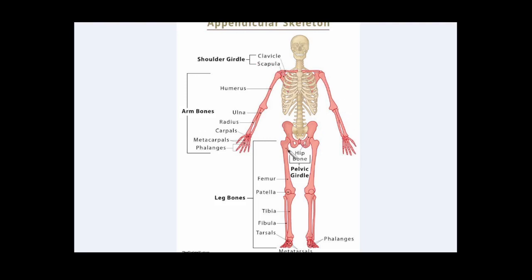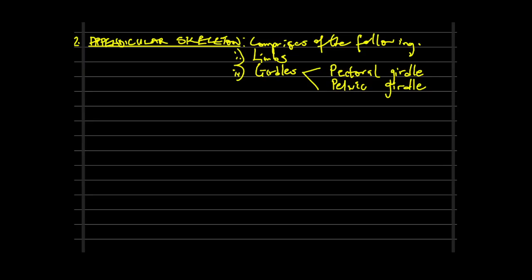Looking at the lower part of the body, we have the pelvic girdle in the hip, and then we have the lower limbs that make up the legs. Those are the parts that make up the appendicular skeleton.